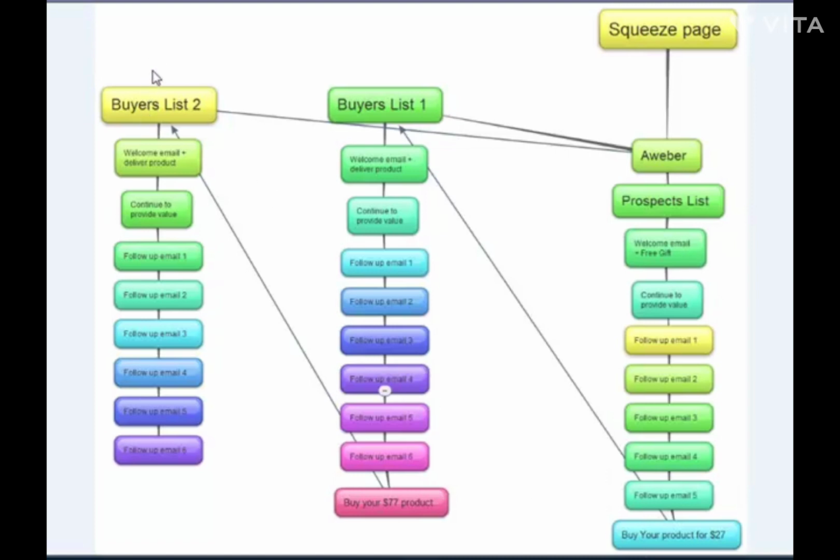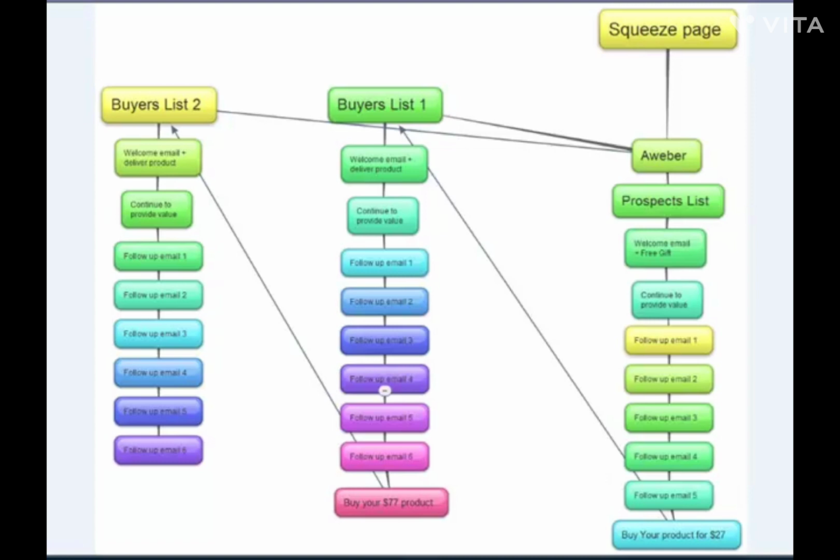So for your buyers list number 3, you could offer them a $77 course, but the more you charge for your courses, the more value you should want to provide. So that's the end of this video.